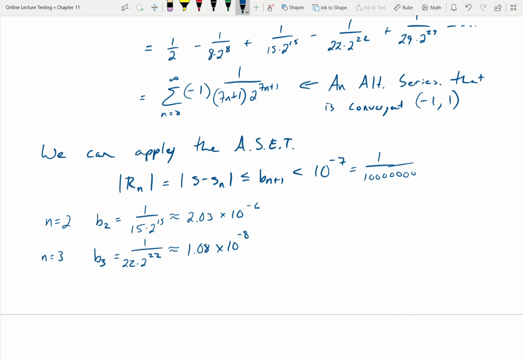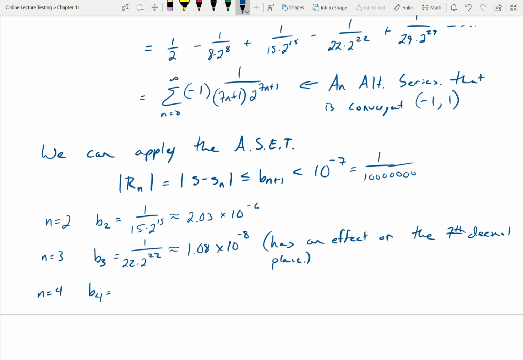The issue is this has an effect on the 7th decimal place. So there's an issue. Let's go one step further.